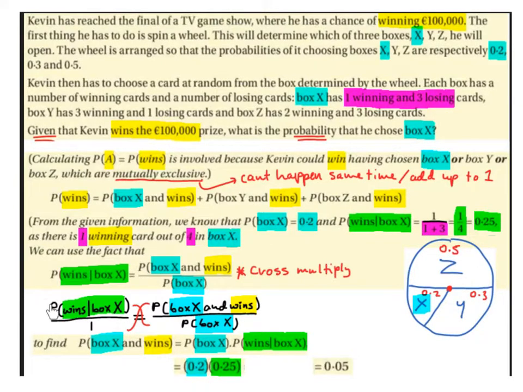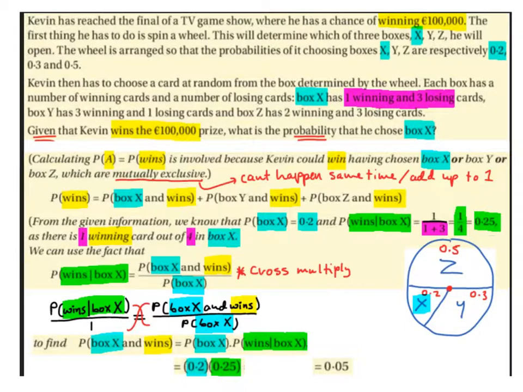So we get the probability of wins given box X over 1 is equal to the probability of box X and wins over the probability of box X. So 1 multiplied by the probability of box X and wins is just going to be the probability of box X and wins, equal to the probability of wins given box X multiplied by the probability of box X. So equal to the probability of box X multiplied by the probability of wins given box X.